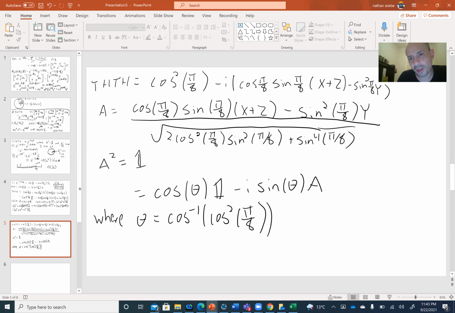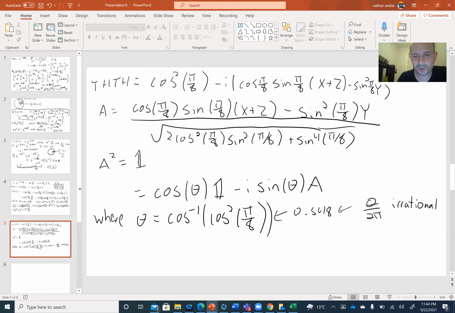Now, it's not entirely obvious, but it can be checked that this number, which I think is something close to 0.548, is actually, it turns out, an irrational multiple of 2 pi. So theta divided by 2 pi can be shown to be irrational. And why is that important? Well, just one more second and you'll see why it's important.